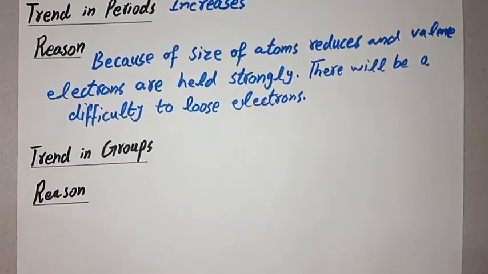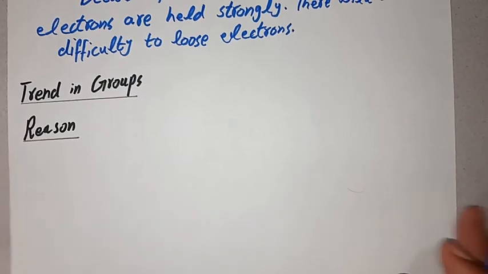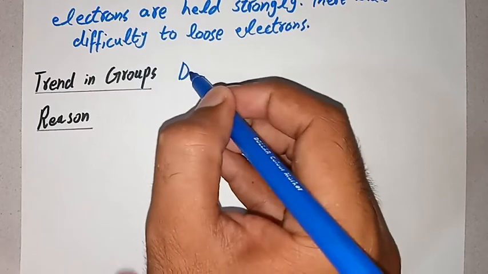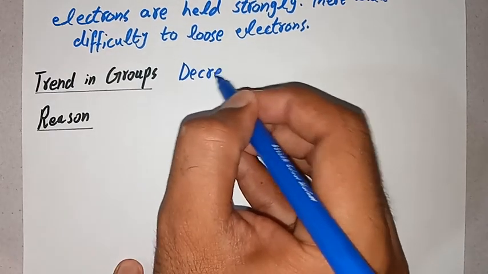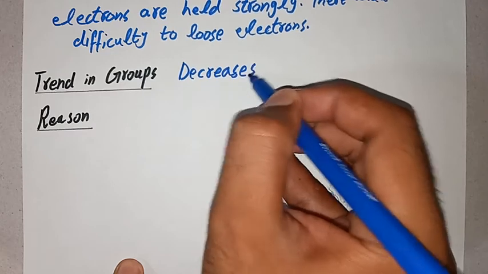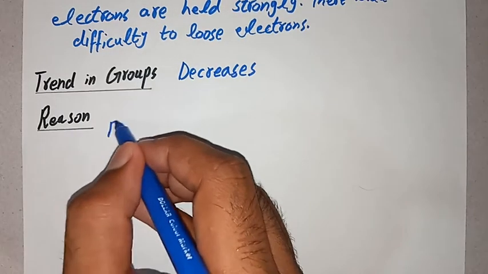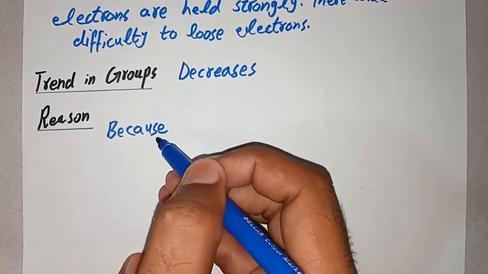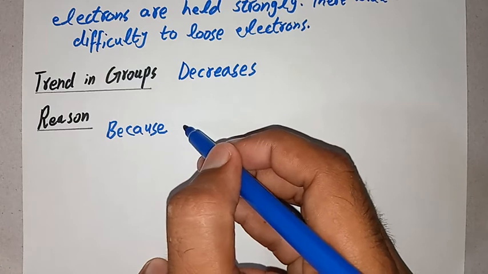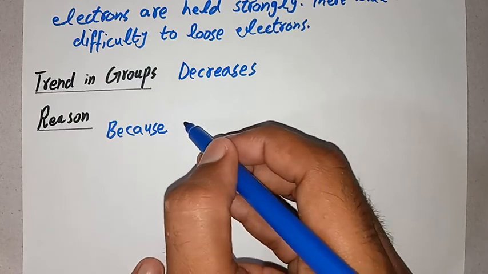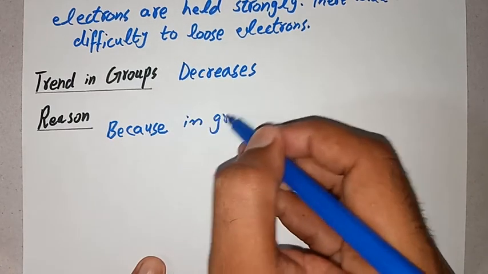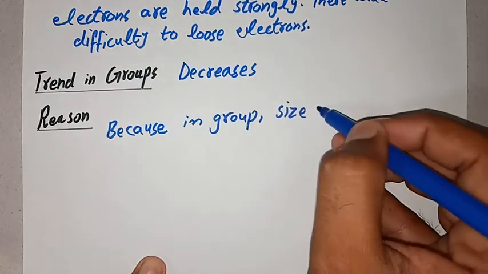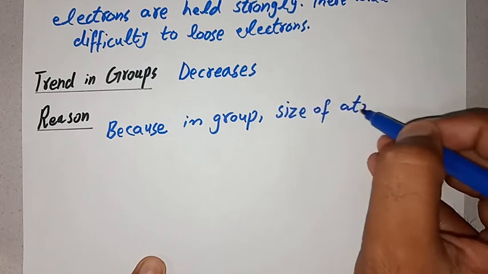Now we will discuss the trend of ionization energy in groups. In groups, ionization energy decreases. Why does it decrease? Because in a group, the size of the atom increases.